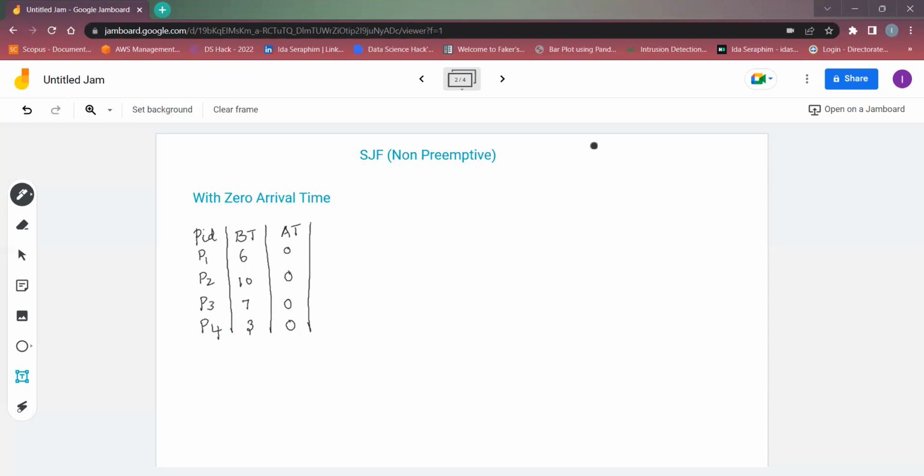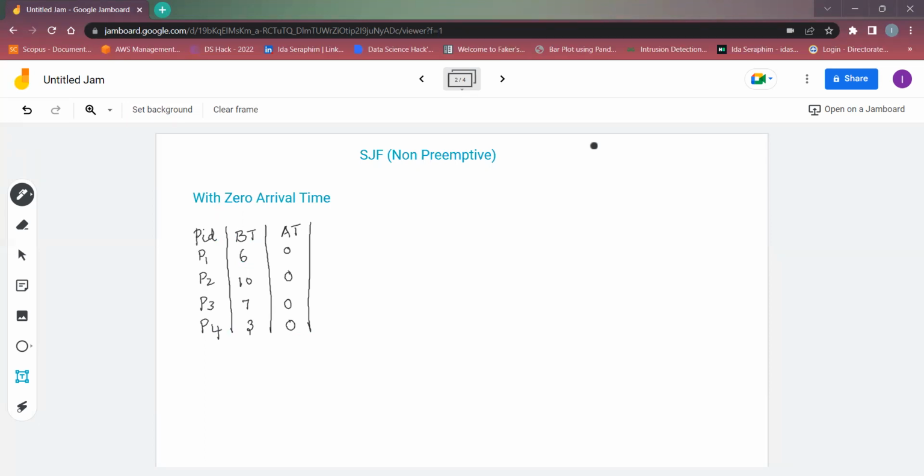Then we have the arrival time. In this example, all the arrival times are 0. There is no difference in the arrival time, which means all the processes are arriving at the same time. So all four processes will be just waiting to get the CPU.